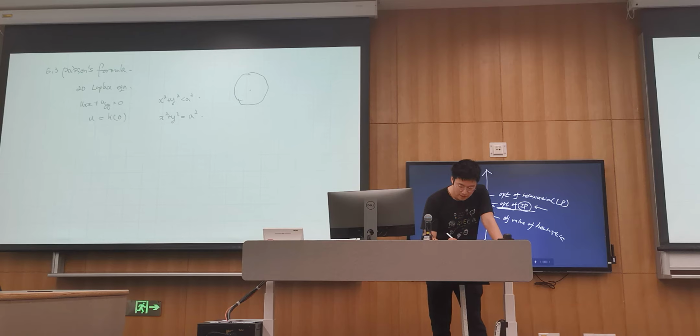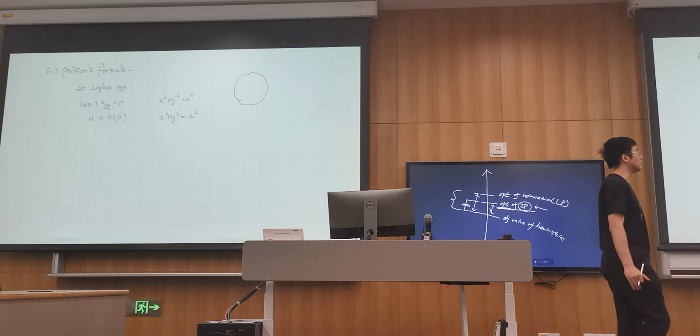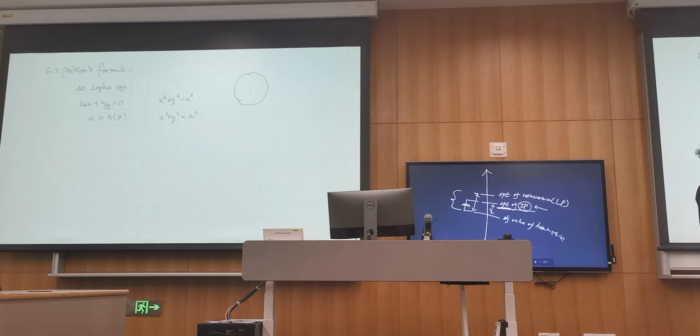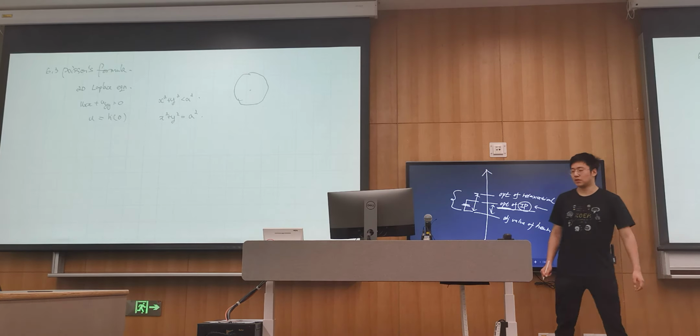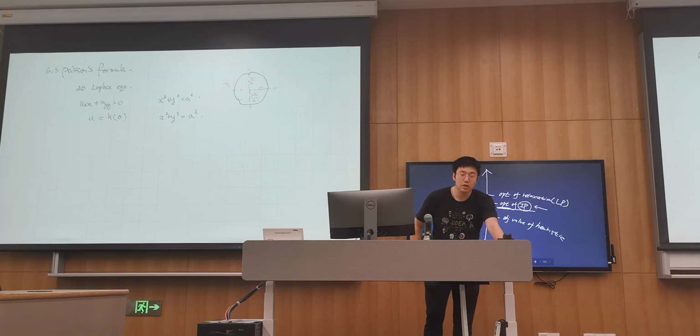Therefore, under the polar coordinate, we will be able to relabel the boundary of the circle by the angle. This is angle 0, this is angle 90 degrees, or pi over 2, this is angle pi, and this is angle 3 pi over 2.